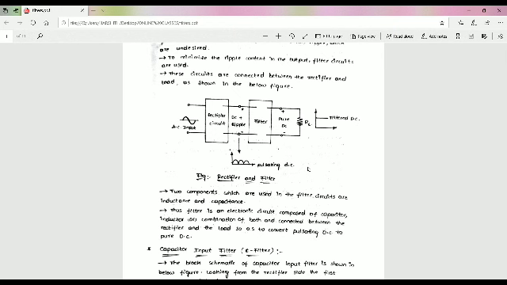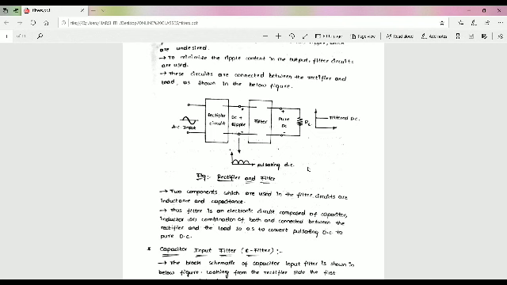There are basically two types of filter circuits: the capacitor input filter and the choke input filter, or inductance input filter.